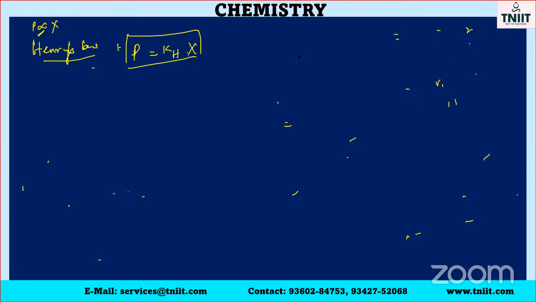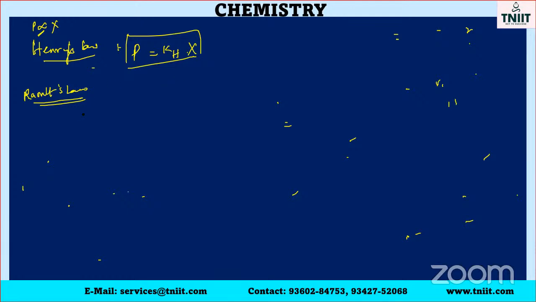Now coming to Raoult's law. Now how do we define Raoult's law? Raoult's law is defined as vapor pressure of a component in an ideal solution, or we can write vapor pressure of each liquid in a solution is equal to mole fraction of the solute and vapor pressure of the pure component.